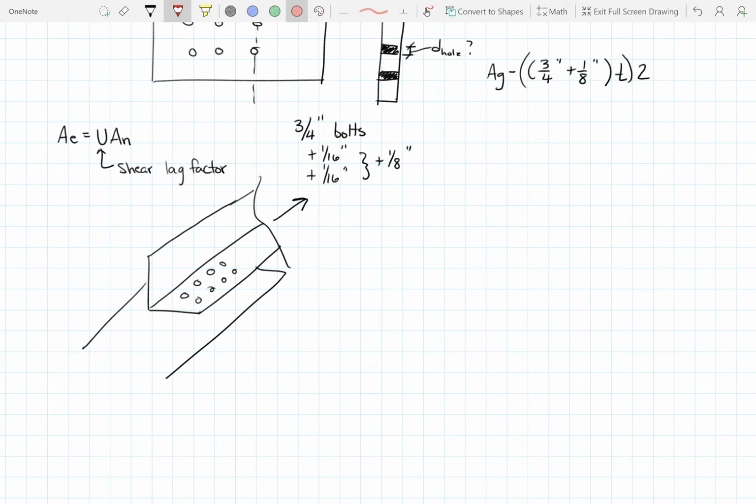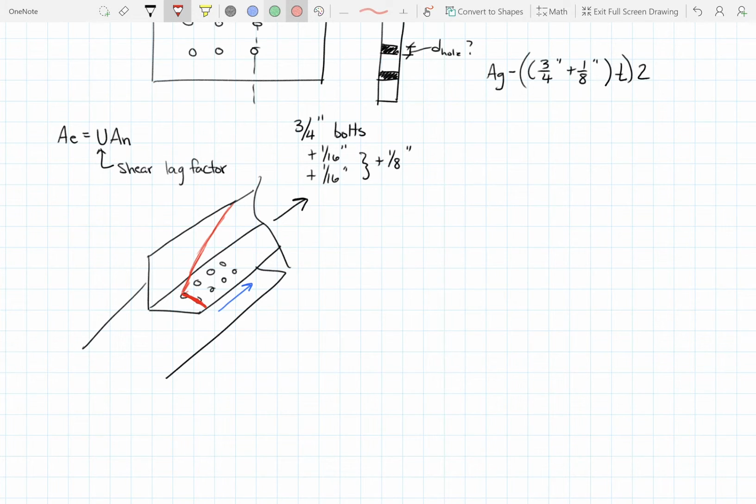Now the force in these bolts is going to travel through the member, and slowly the cross-sectional area will get more effective. So at these bolts back here, we're only going to have this much of the cross-section being effective. And as you move out the bolt hole pattern, this force goes something like this.